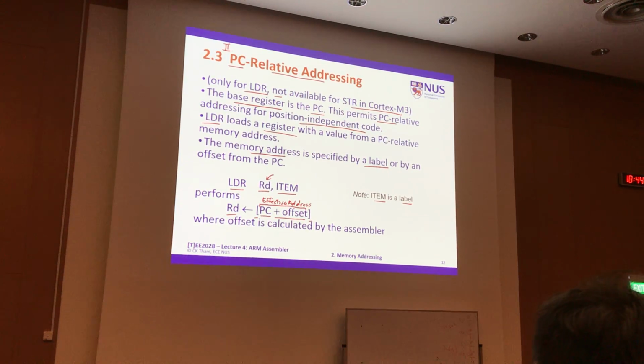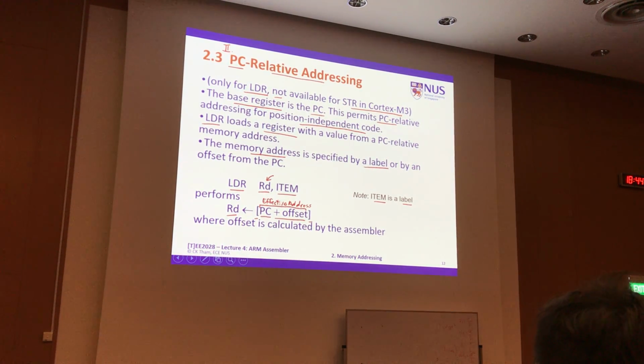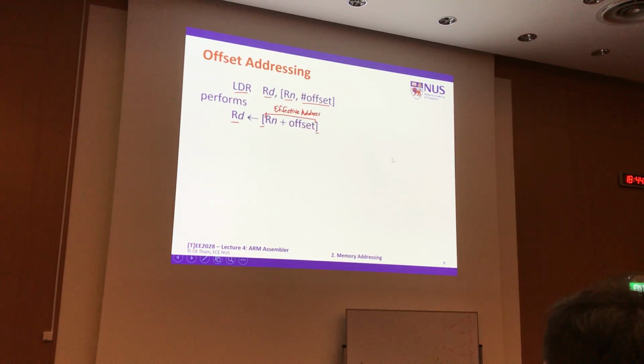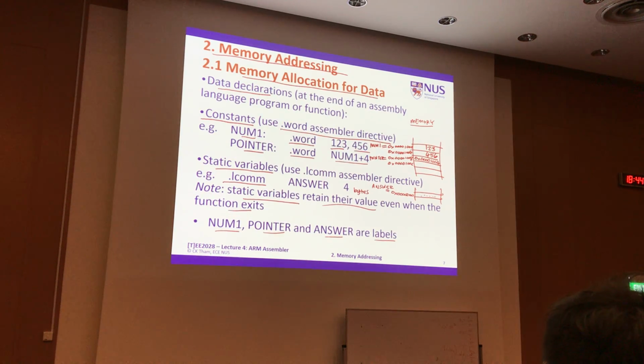The second way of doing load is using program counter relative addressing. If you look at the format, it's very simple. It's just load to the destination register that you want to put the value in, and then a label. This label you could have defined using dot word, for example, because at the beginning of this lecture we talked about how to reserve memory using dot word.